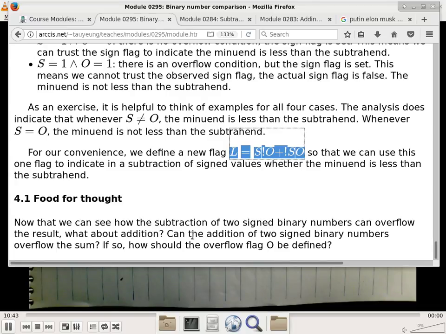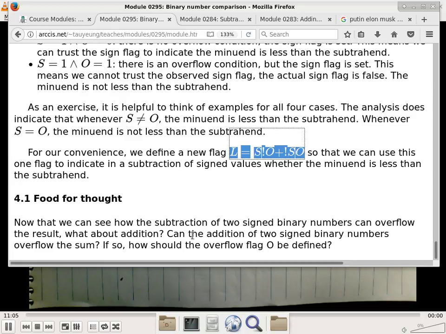But I do want you to have a weekend to think about it, because once we have gone through subtraction, the cases for addition are not that different. So you have to think along about the same line, but it applies to addition and not subtraction. Is that okay? All right.